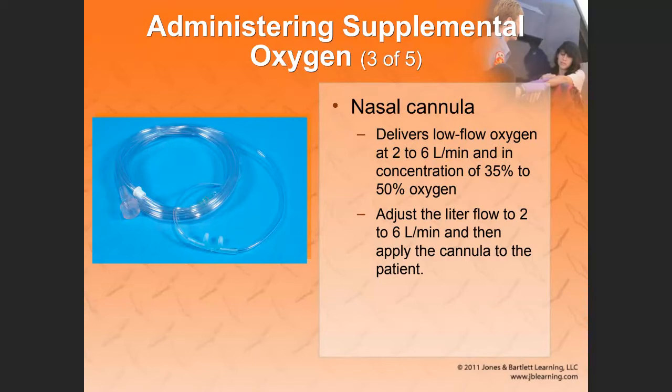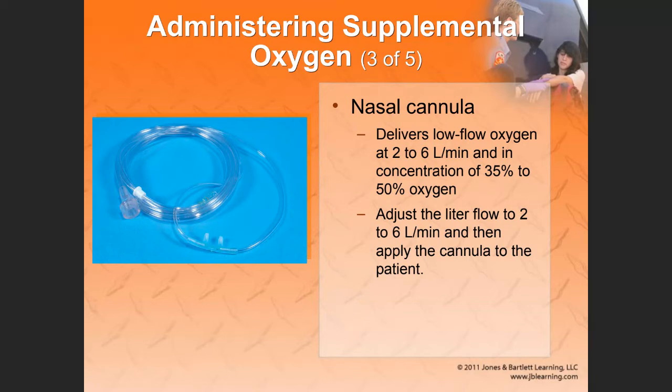And as an EMR, even though the range is 1 to 6 liters per minute or 2 to 6 liters per minute, you will not exceed 3 to 4 liters in the field. If you have to go beyond 3 or 4 liters with a nasal cannula, your patient requires high flow oxygen, so you might as well give them the high flow.